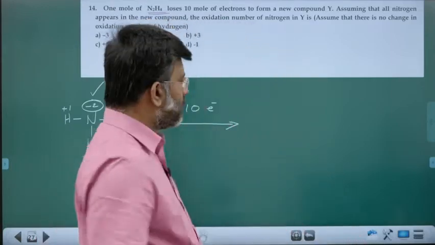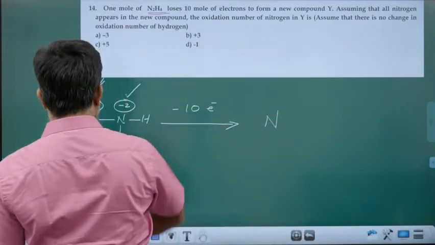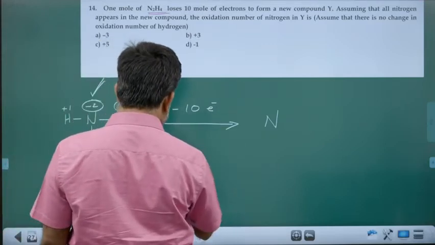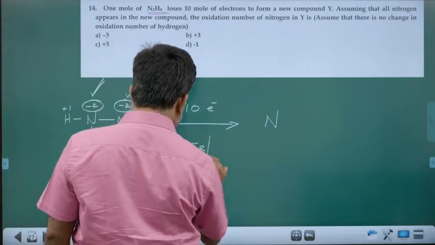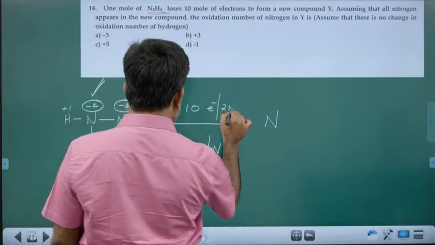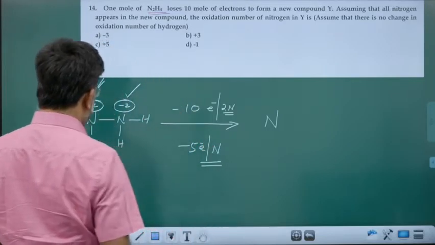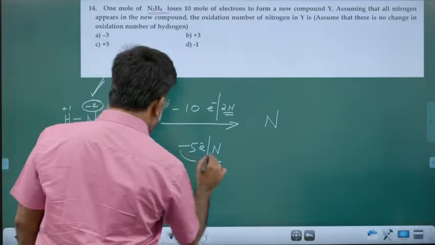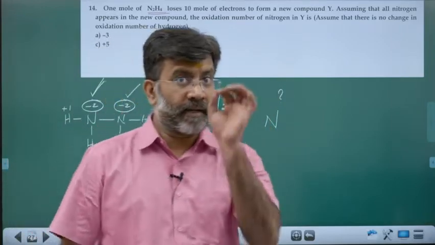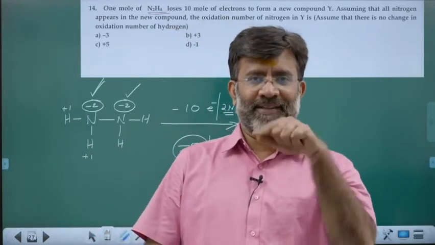So what will be the oxidation state of nitrogen here? Here it is -2, and it loses 5 electrons per nitrogen. This is 10 electrons for 2 nitrogen. Therefore, 5 electrons lost by 1 nitrogen. -2 losing 5 electrons, what is the new oxidation state?